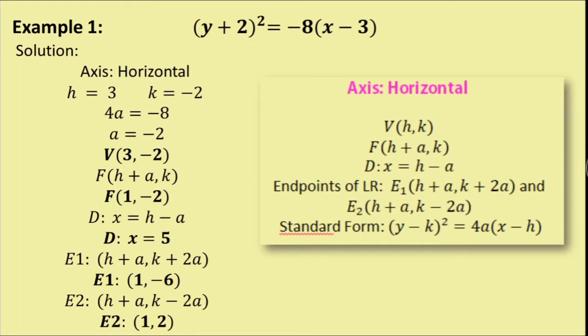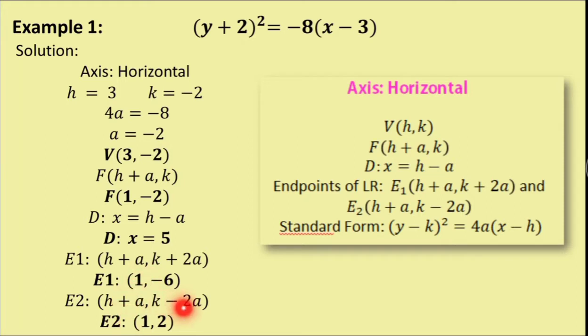Endpoint 1 is at (h plus a, k plus 2a). So first, h plus a: 3 plus negative 2 again is positive 1. And then k plus 2a: negative 2 plus 2 times negative 2 is negative 6. And for endpoint 2, we have h plus a also, so it is 1 also.